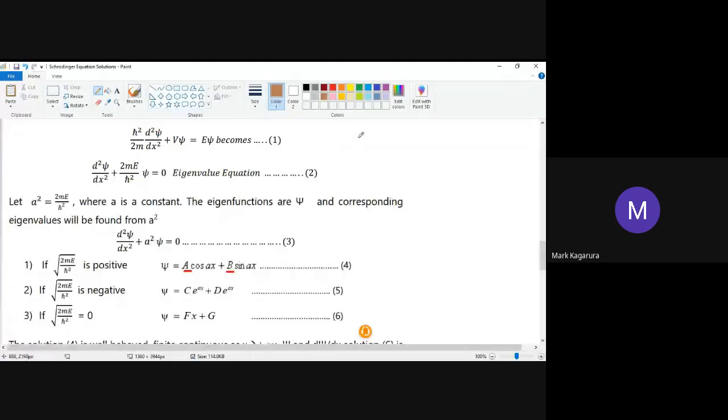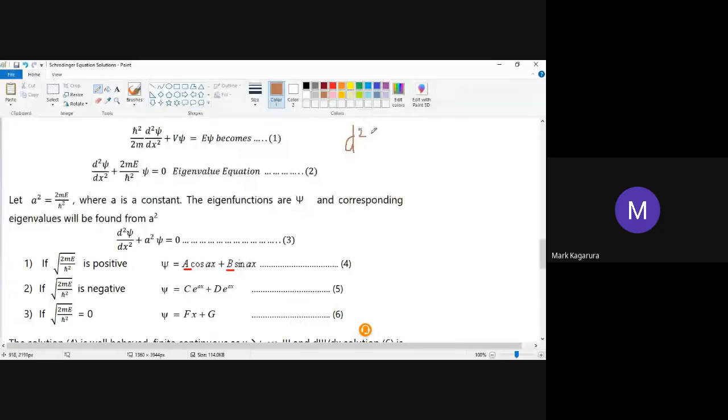So you have d2y/dx squared equal to ky. So this equation has only three solutions.